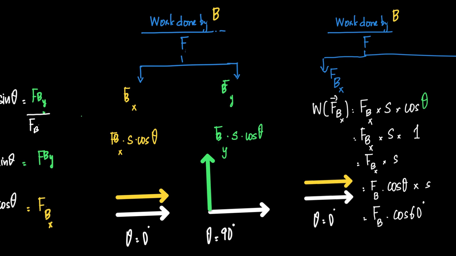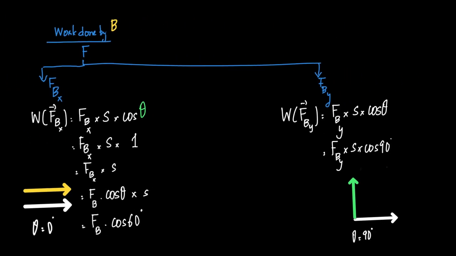We'll go through this in detail. So when you consider work done by B, work done by the vector FBX is equal to the magnitude of that vector FBX into displacement into cos theta, where theta represents the angle between the components, FBX and the displacement vector. Okay, maybe I should have included that in the writing as well.